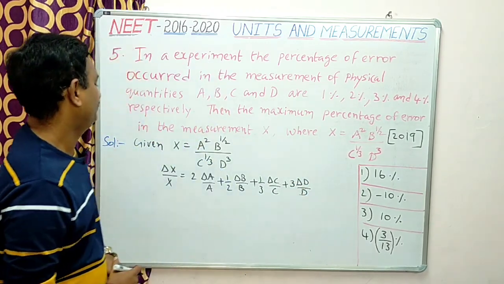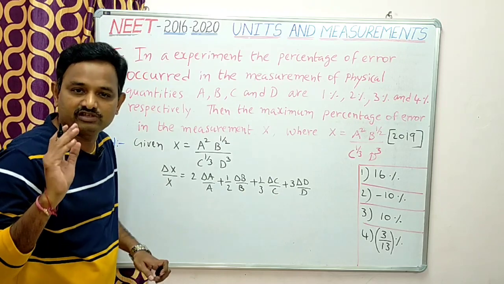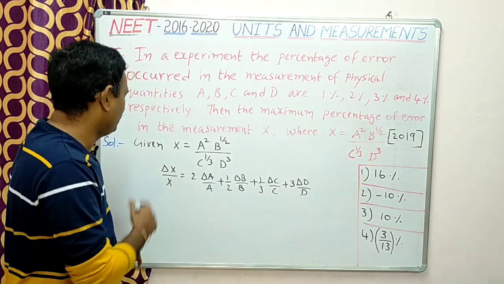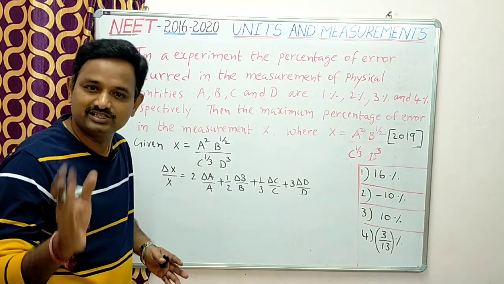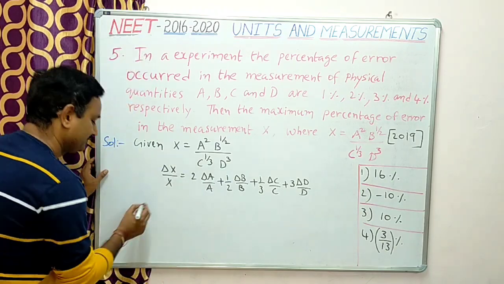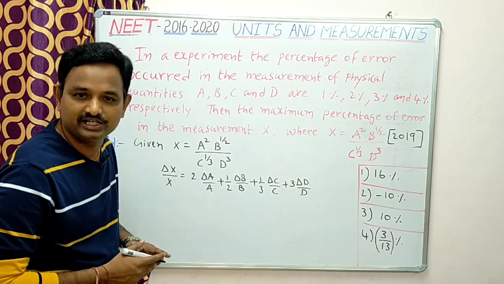Okay. We need to calculate percentage error of X. So I will write relative error into 100. That gives percentage error of X. So now I will multiply with 100 on both sides.